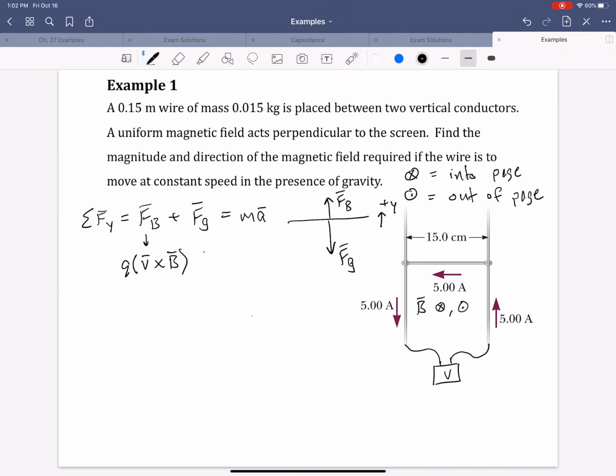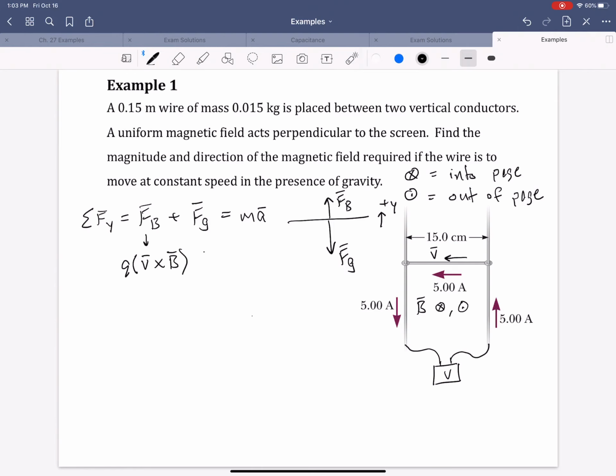And so if this is a cross product, we need to know the angle, or it would be helpful to know the angle in between. Turns out we do. The velocity vector for those particles is in the same direction as the current, kind of by definition. So the velocity is to the left.